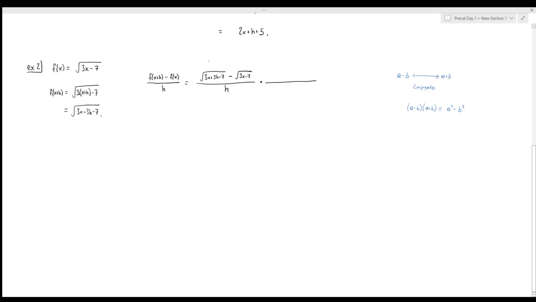So in the numerator over here, if I think of this square root as a and this square root as b, then I have an a minus b type of expression there. So what I'm going to do is multiply by the conjugate, a plus b.